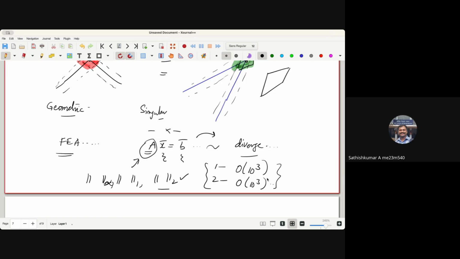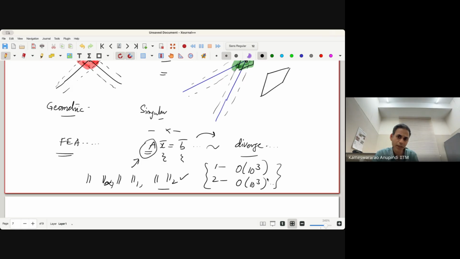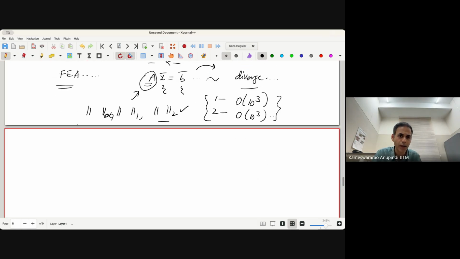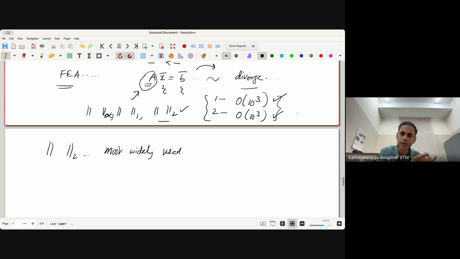All I'm saying is that there is no hard and fast rule that this norm should be picked. The two norm is the most widely used, but all the norms are going to give you the same ballpark. For example, if the one norm gives you a condition number of the order of 10 power 3, the two norm also will give you order 10 power 3.